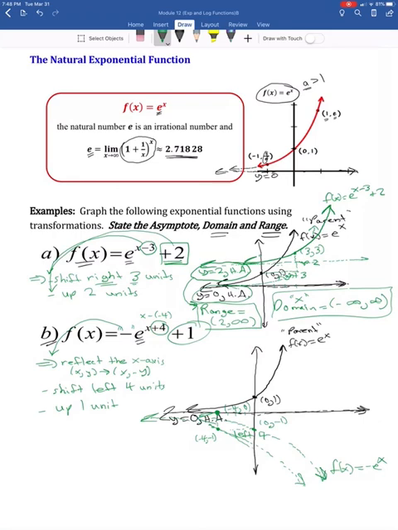Now this also affects the asymptote. We did have a horizontal asymptote at y equals 0. Well, we're now going to have a horizontal asymptote at y equal to 1. Y equal 1 is our new horizontal asymptote. We've had a vertical shift up 1 unit. So as we're coming from -infinity, it's going to come from 1 on the y-axis.